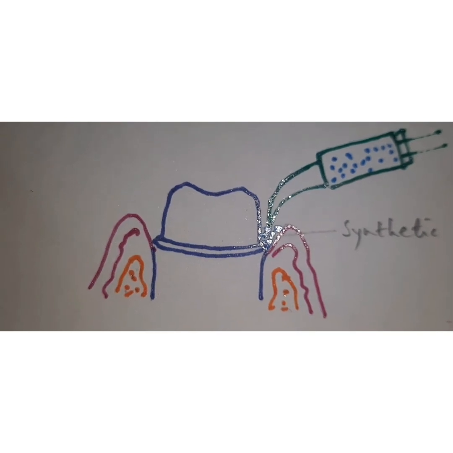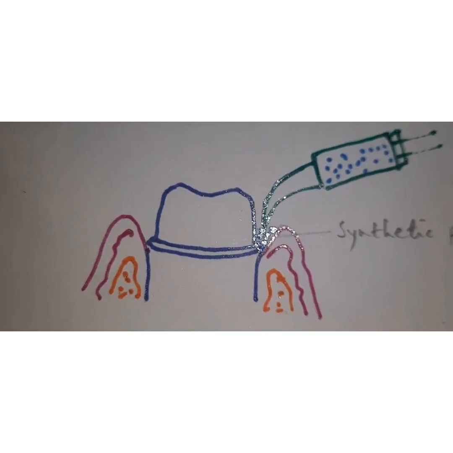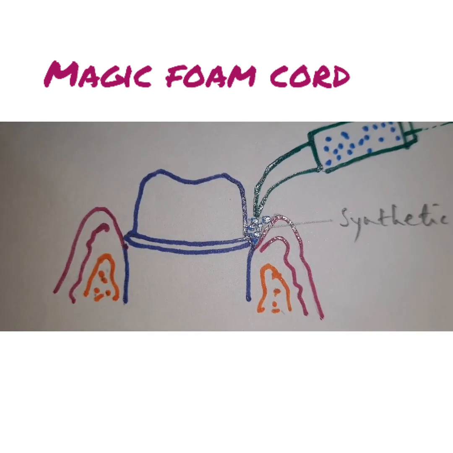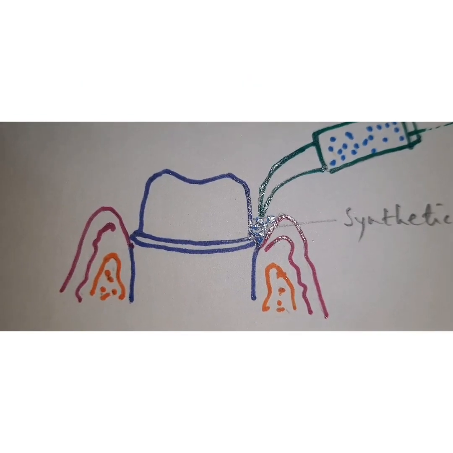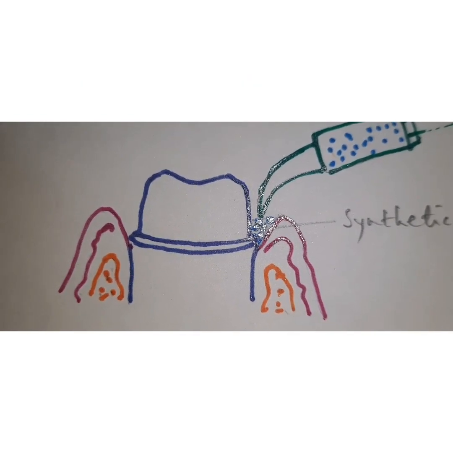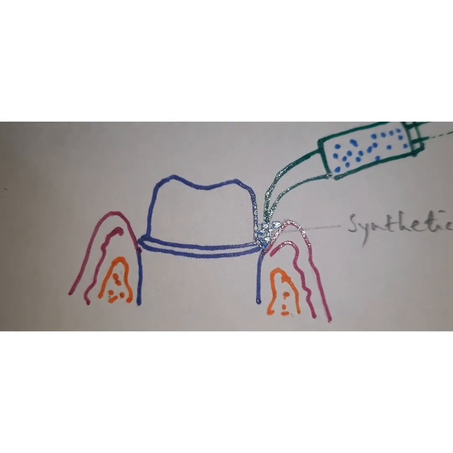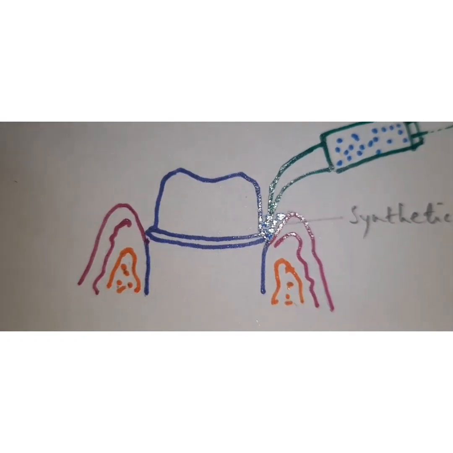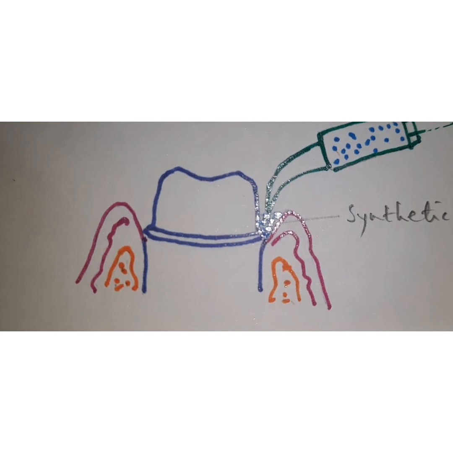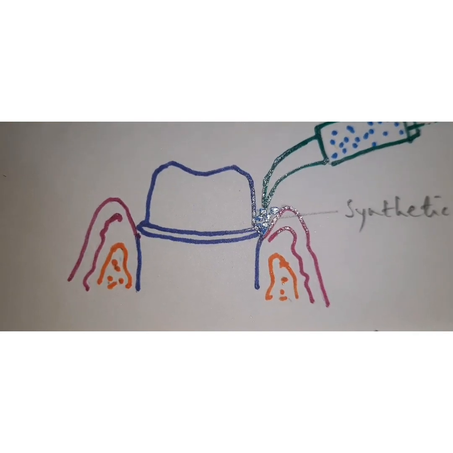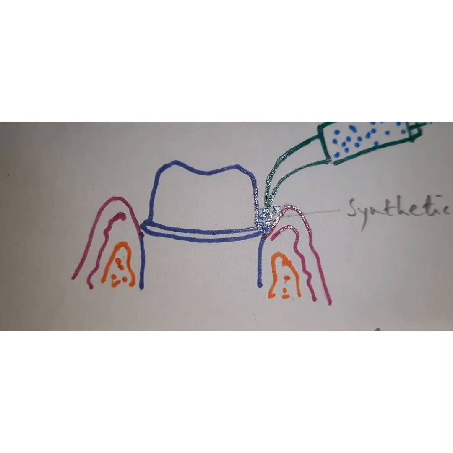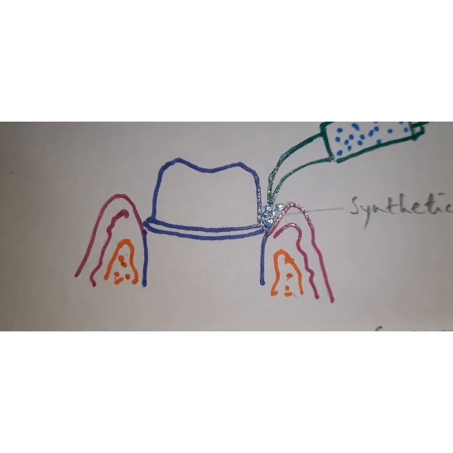Another method which can be used is the magic foam cord. This is marketed by Coltene, and here you place the magic foam material into the gingival sulcus, and you have the Comprecap, on which you ask the patient to bite.